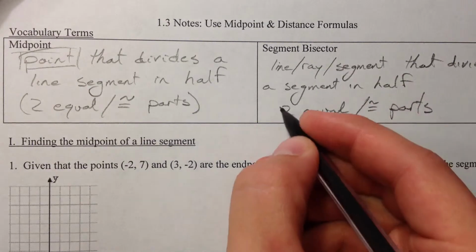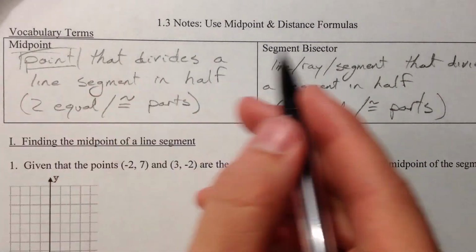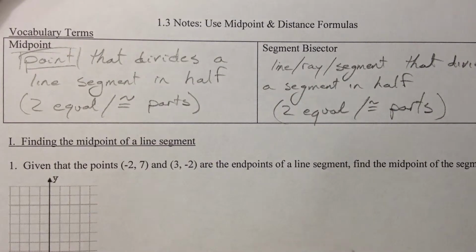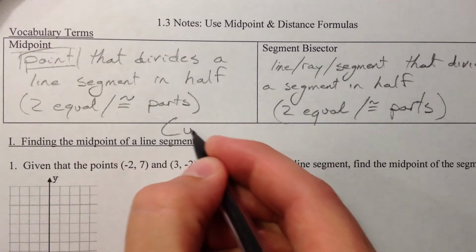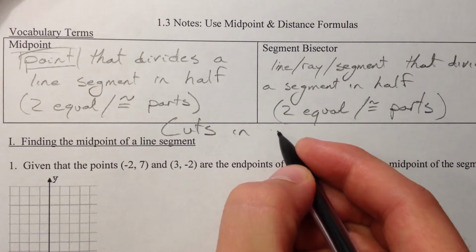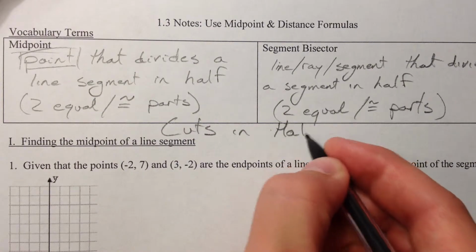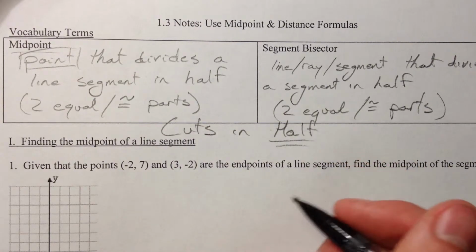So, basic definition, both of these things, the midpoint and the segment bisector, cuts it in half. And by half, we mean precisely half.